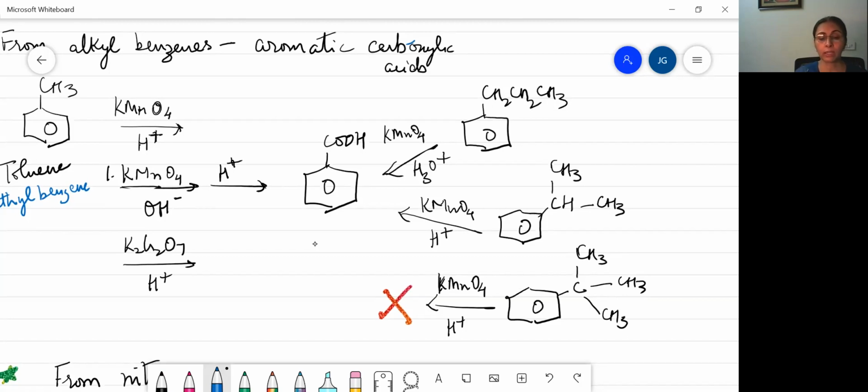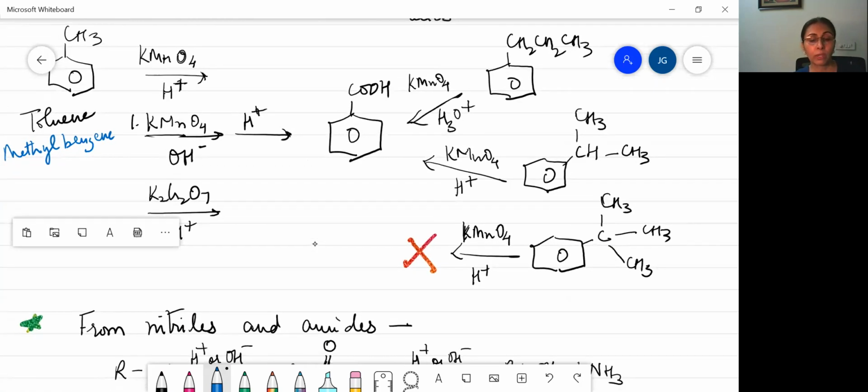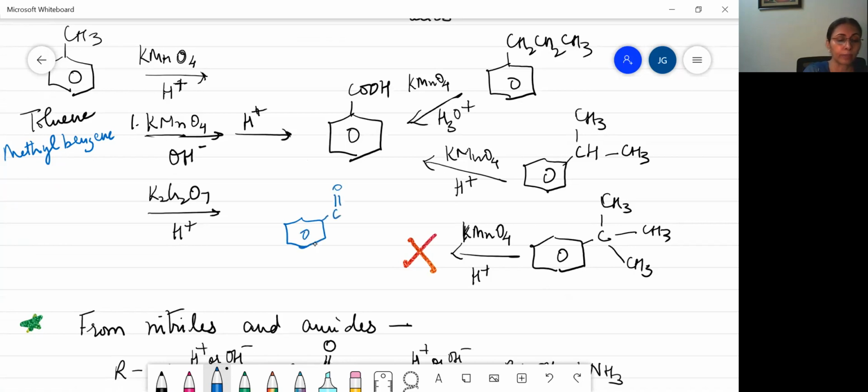The only thing is that if you have a tertiary alkyl group attached to the ring, this will not give you the carboxylic acid upon oxidation. So we can do it with any primary or secondary alkyl group. In fact, if you have a ketonic group over here, this also upon oxidation will give you carboxylic acid.